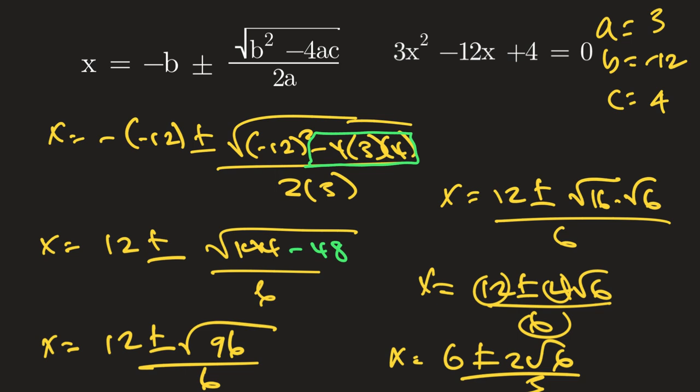Those are your 2 answers. Ta-da. Get a perfect square, take it, go figure out the two answers, but if you don't have a perfect square, we need to see if we can simplify it. If we can't, we need to, okay? And then, that's it.